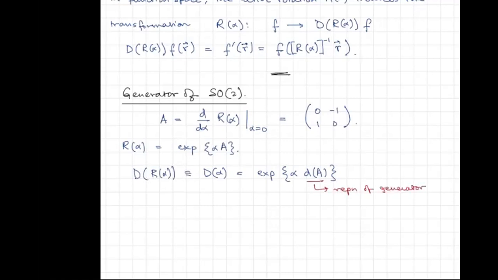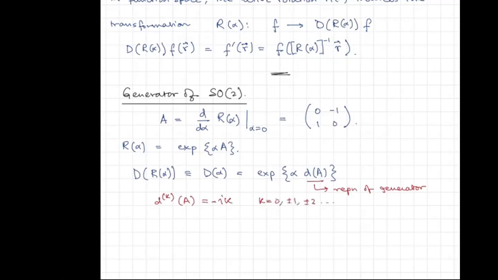The result that we found was d k of A is just given as minus i k, and k was 0, plus minus 1, plus minus 2, and so on.